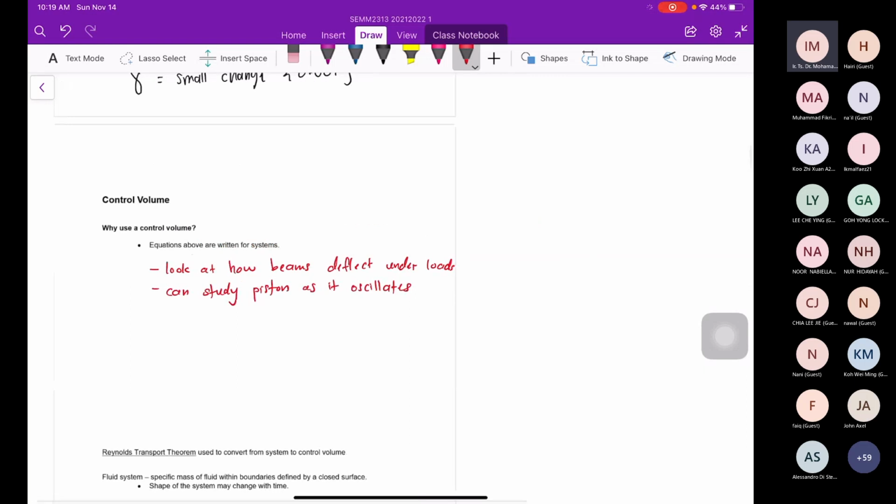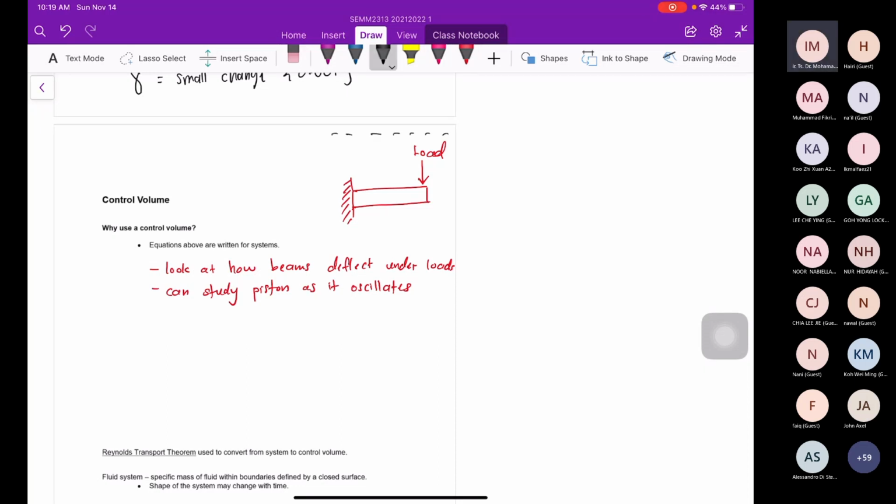So this is basically what the system looks like. I draw again. Okay, this is the beam, maybe a T beam. And then we have the load. And then we have the support. So from here, this is basically the system.